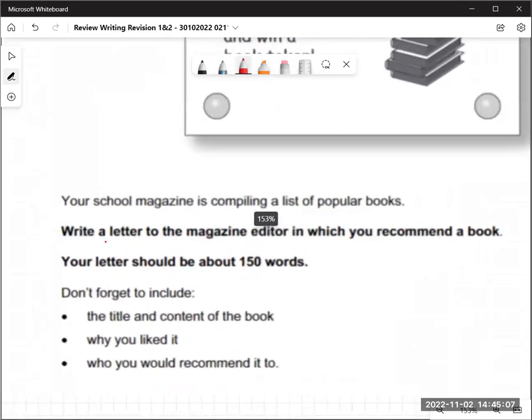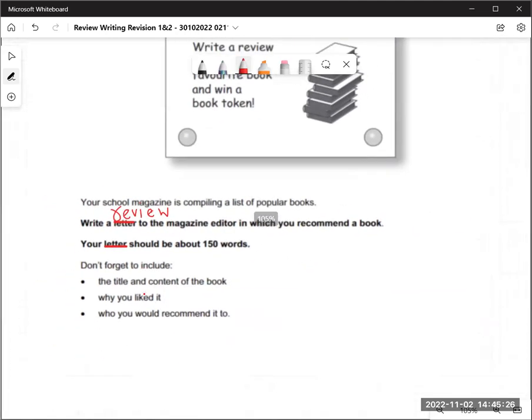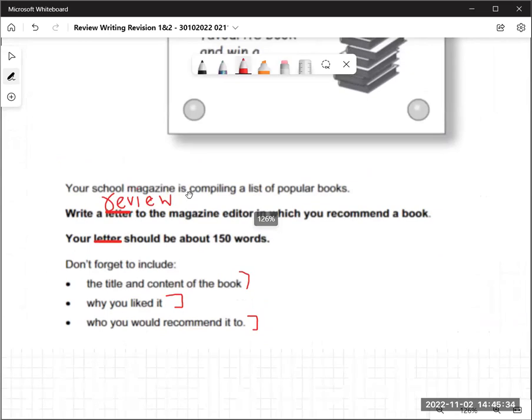So this letter is actually like a review. Even though they're saying letter, it is a review. Why? Because they have the title, content of the book, why you liked it, and who you would recommend it to. Now we have a review writing here.